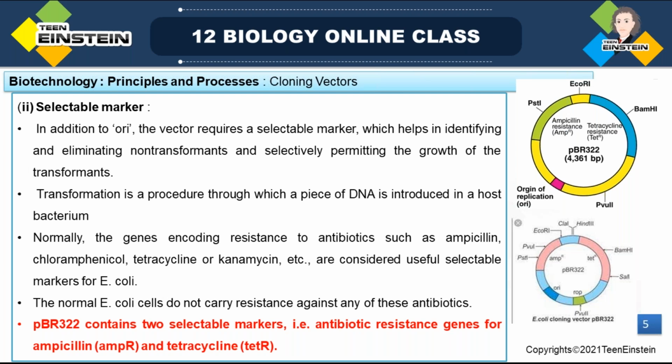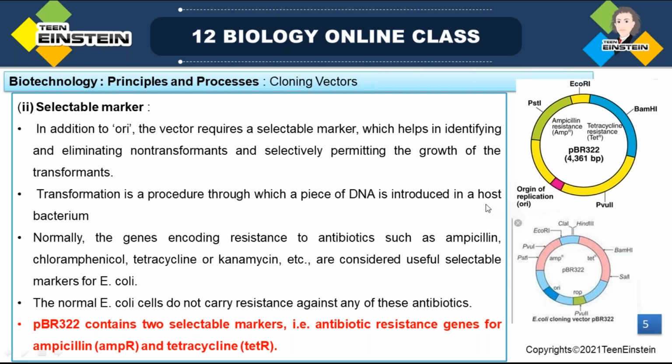These are the two antibiotic resistant genes present in pBR322. Don't get confused. From this you have learned one feature of pBR322: it is having two selectable markers which are antibiotic resistant genes, the ampicillin resistant gene and the tetracycline resistant gene.